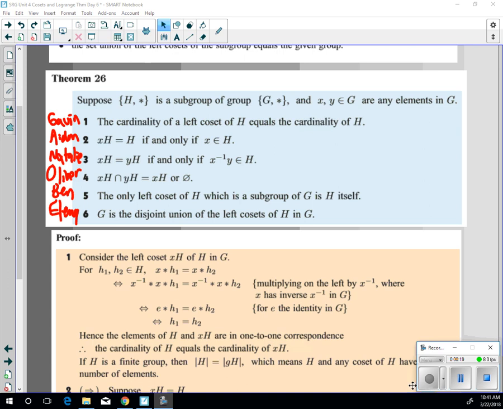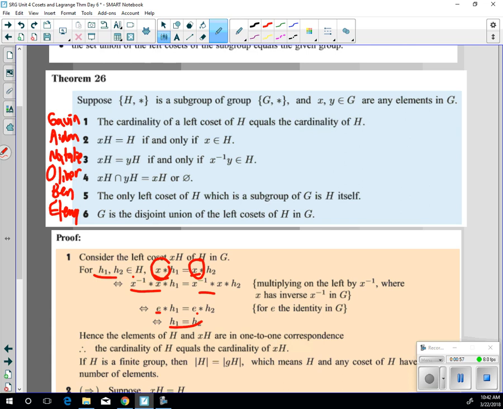So the first element of theorem 26: the cardinality of a left coset of H equals the cardinality of H. You can see in the proof here that they start essentially with just relating two elements of H together, and then they take out the x with the inverses to get the elements, and then they get a one-to-one.